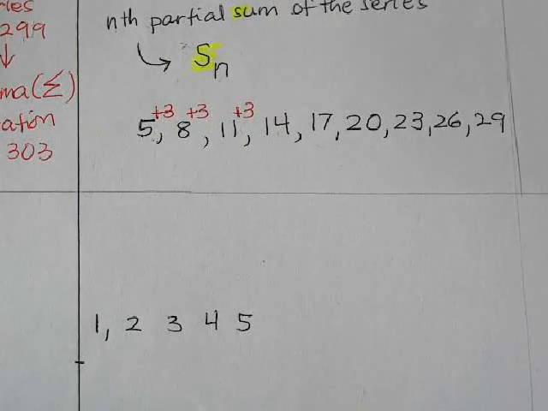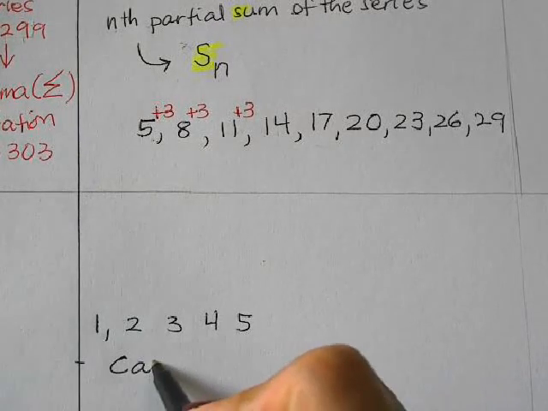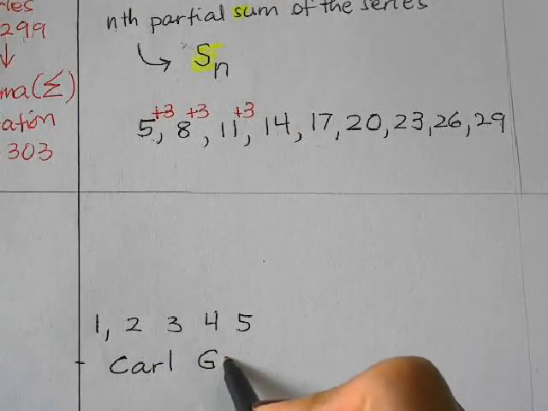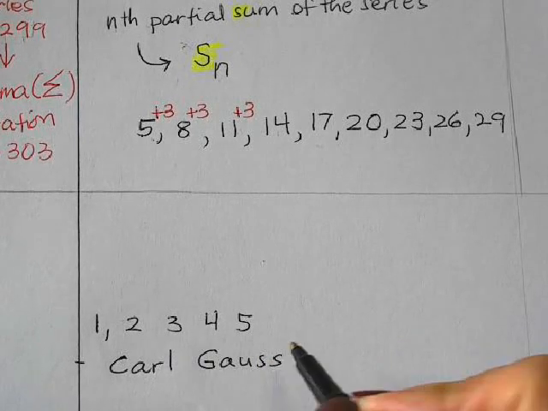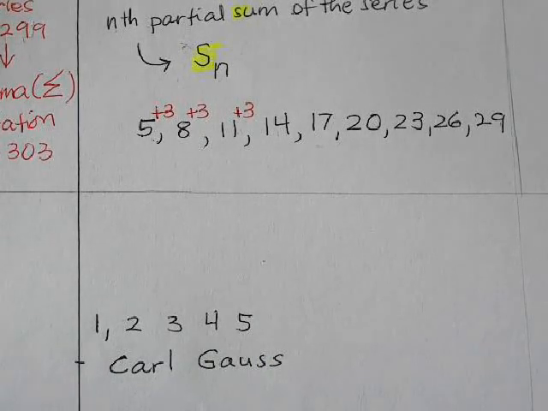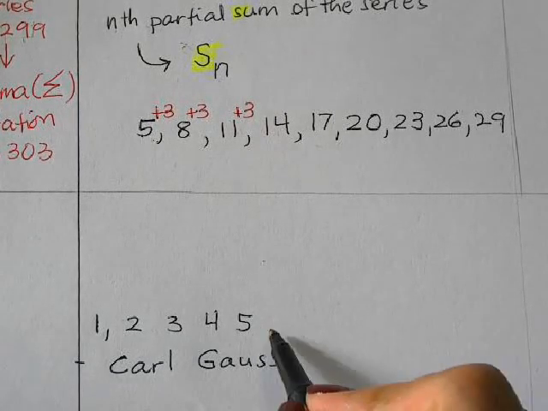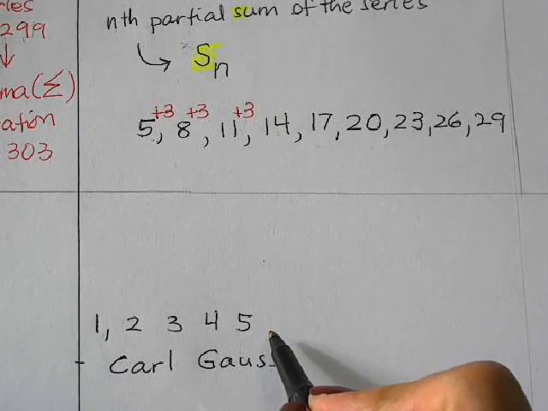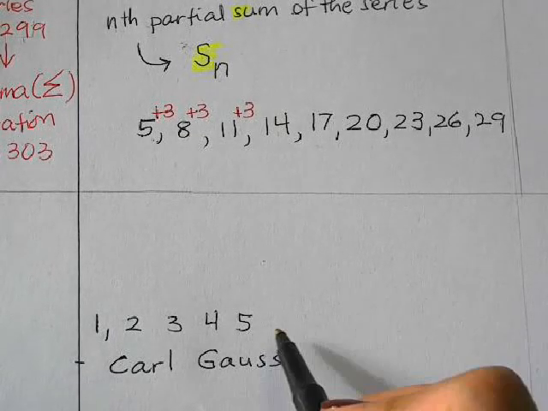The teacher thought this would keep them quiet for a long time. But then Carl Gauss, a very important mathematician, after just several minutes raised his hand to give the answer.